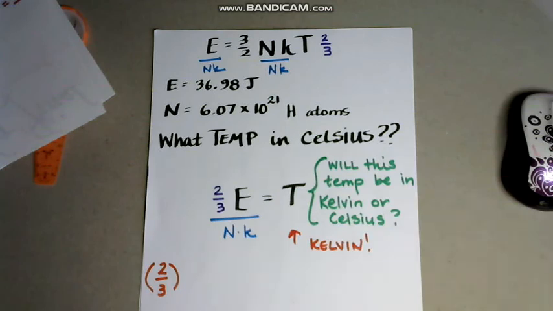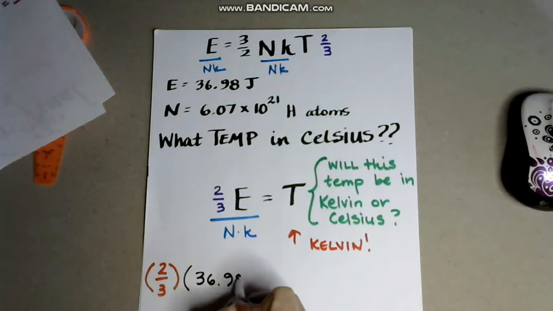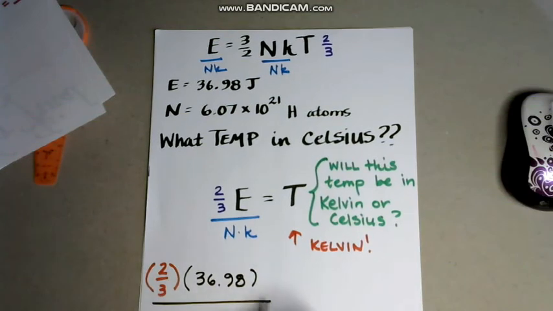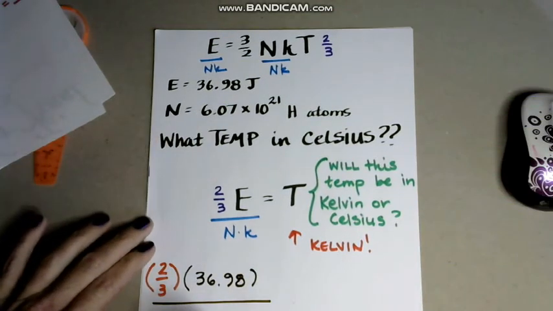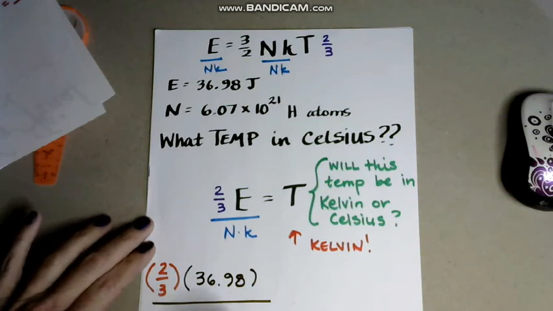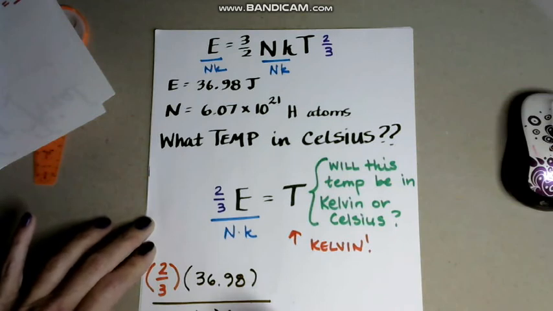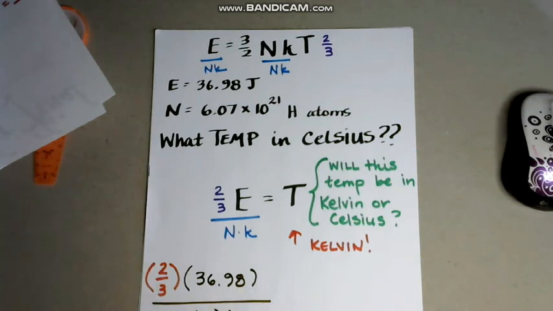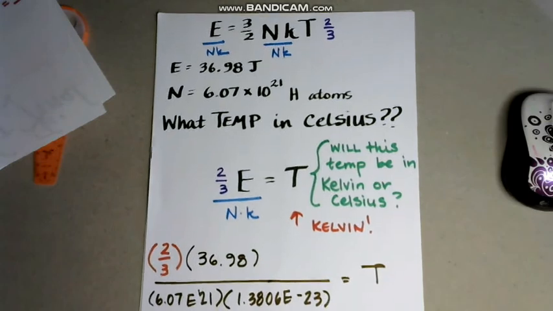My energy, 36.98, divided by my N, which is 6.07 E21, divided by my k value, which is 1.3806 E negative 23, is going to equal my temperature.